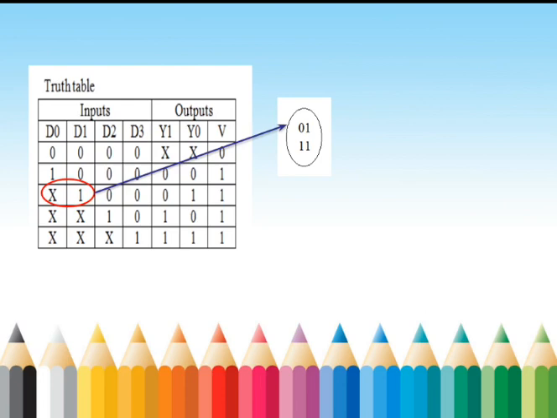Then D0 gets enabled, and the remaining inputs are 0. D0 is the LSB bit, so it gives the lowest priority, and the output can be expressed as 0 0. Now only one input is active, hence the valid indicator gets enabled.